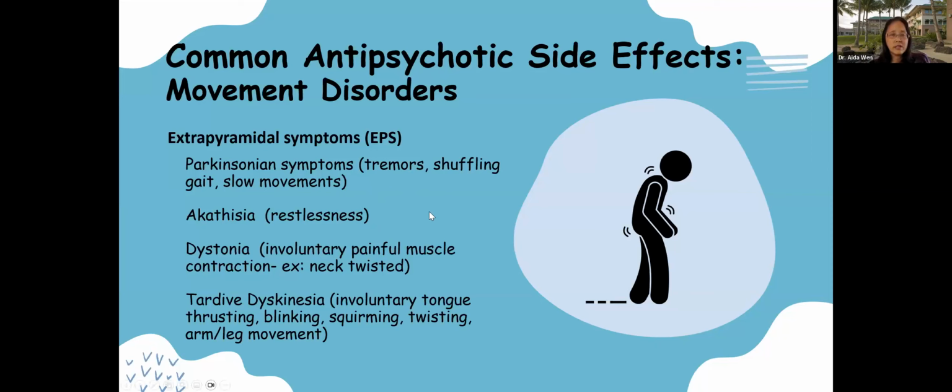Dystonia is an involuntary painful muscle contracture that's very like when you sleep on the wrong side, you get a crook in your neck, except it's really, really painful. Your neck is twisted and kind of stuck like that. That's dystonia.